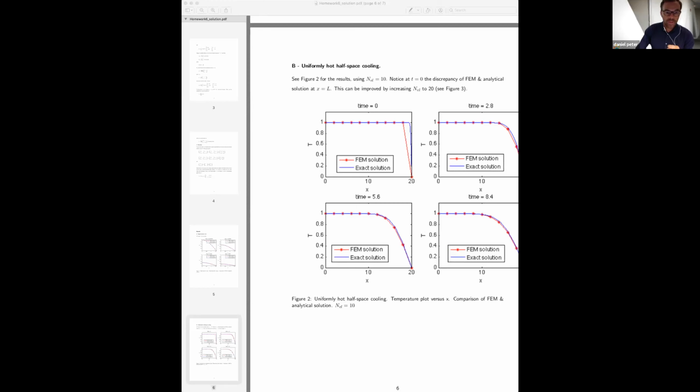Here I just called D the solution field. It's not necessarily something that I wrote out here in the implementation.